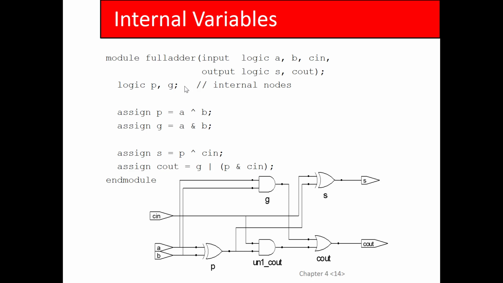I've got two internal bits called P and G. That stands for propagate and generate. Propagate is A XOR B. The caret is XOR. Generate is A and B.